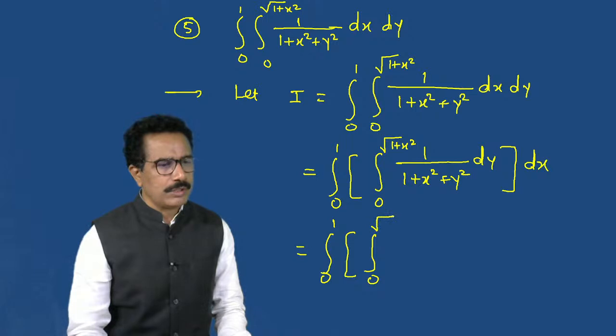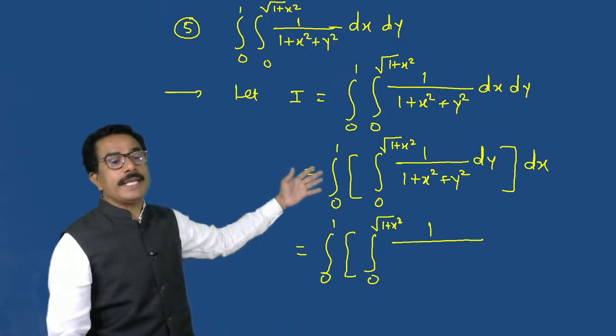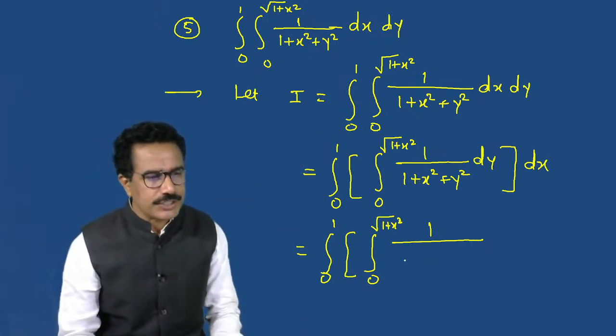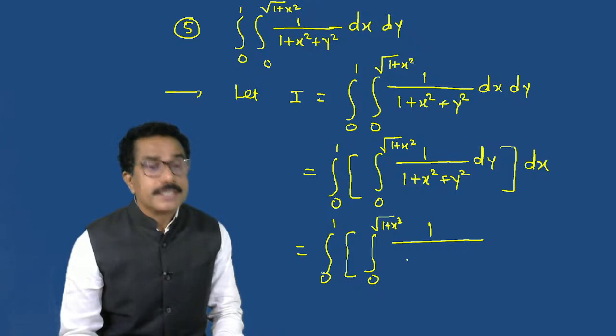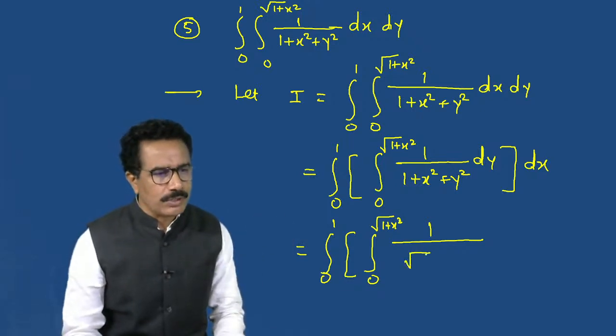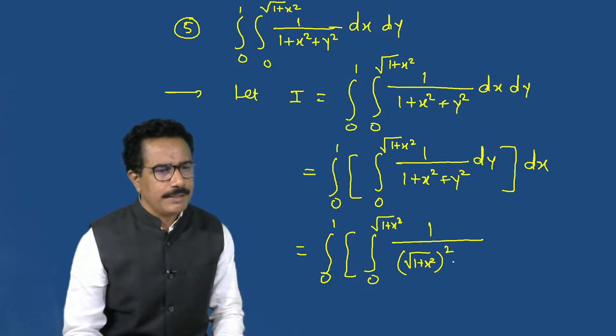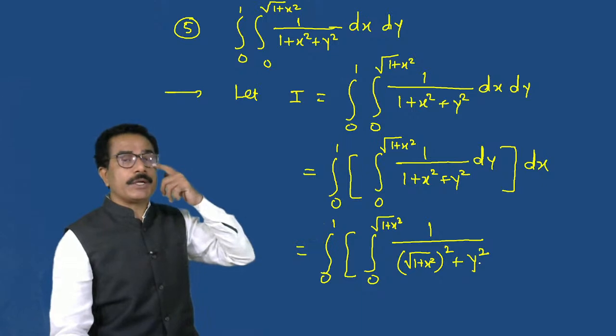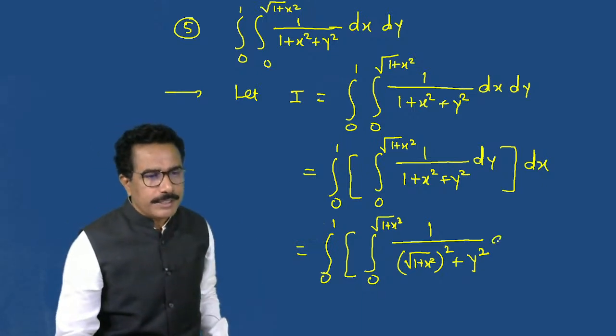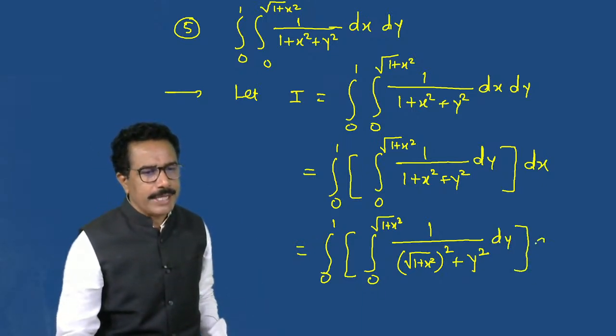We have to use the standard formula x square plus a square. For this purpose, we write root of 1 plus x square, bracket square, plus y square. Y is a variable because we are integrating with respect to y, so dy into dx.